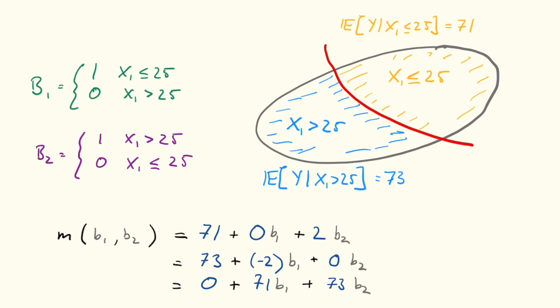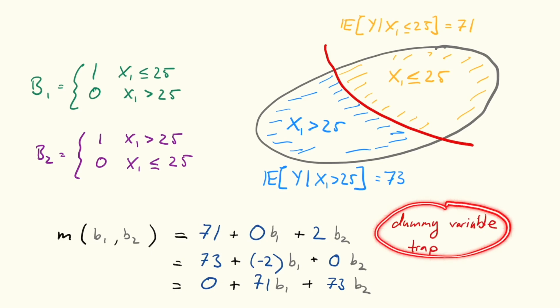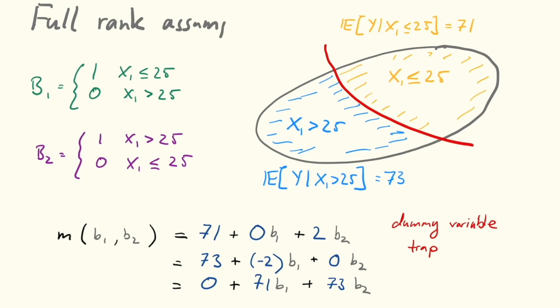Since binary variables are also called dummy variables, this is called the dummy variable trap. The dummy variable trap and other related issues are ruled out by the full rank assumption. Sometimes this assumption is also called the assumption of no perfect co-linearity.